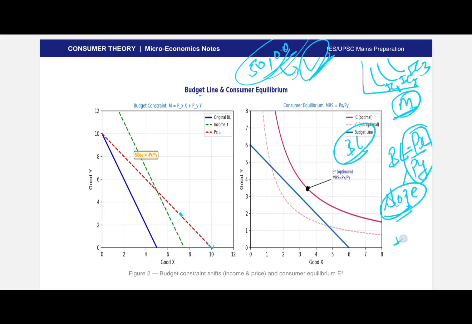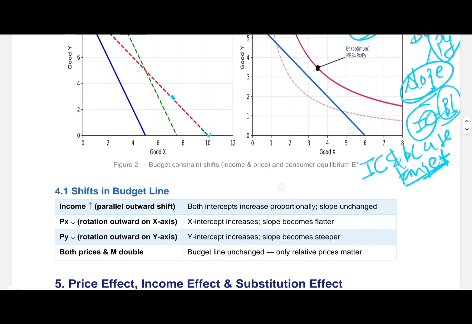Where the IC curve and budget line are tangent to each other, please listen carefully, there consumer equilibrium is maximum. Because if the budget line is intersecting the indifference curve, then there is no maximum utility. Let's see with the help of an example.